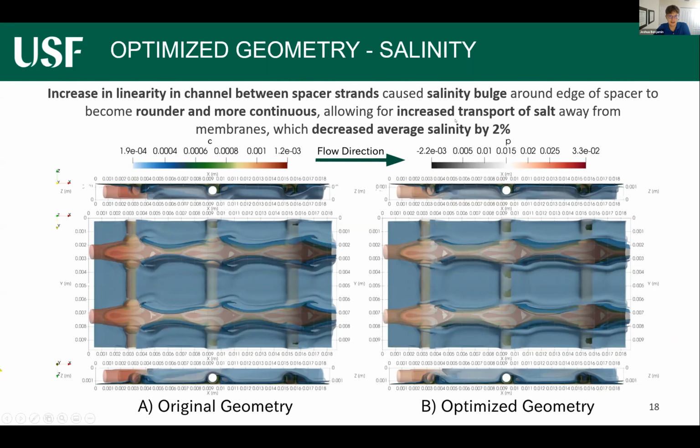This allowed for increased transport of salt away from the membranes, which decreased the average salinity by 2%. So making these simpler hexagonal geometries in your spacer and having higher quality extrusion processes will really enable less salt buildup along the membrane surface, which can also reduce the impacts of concentration polarization.